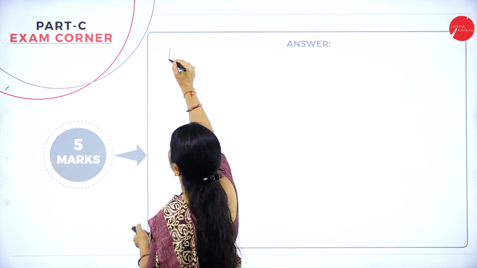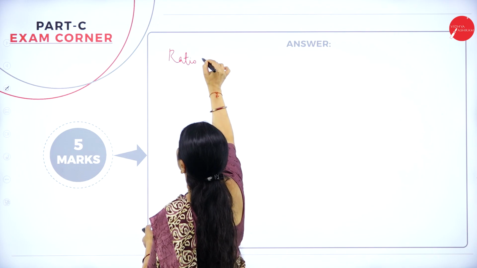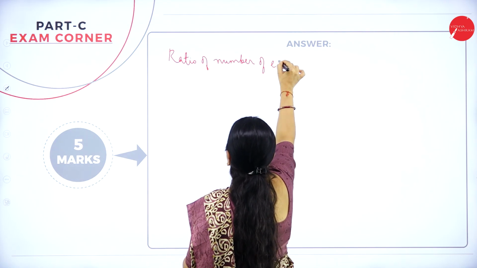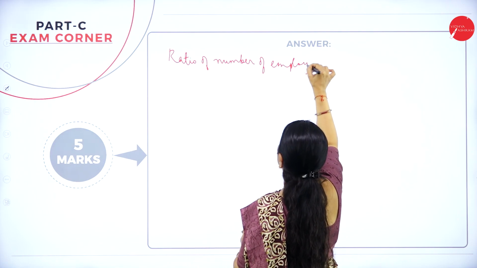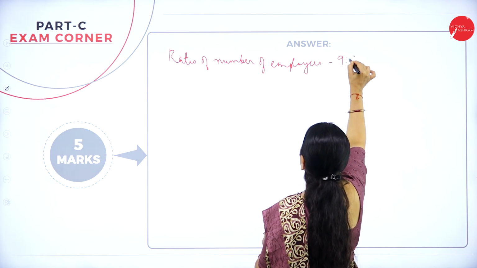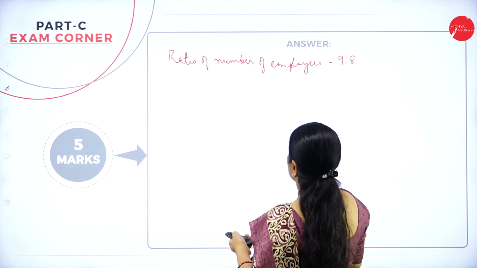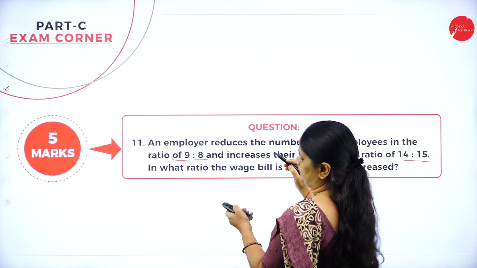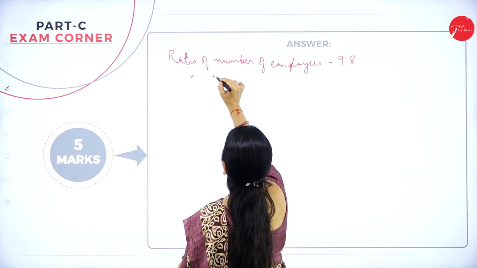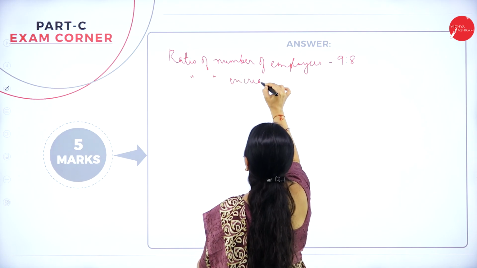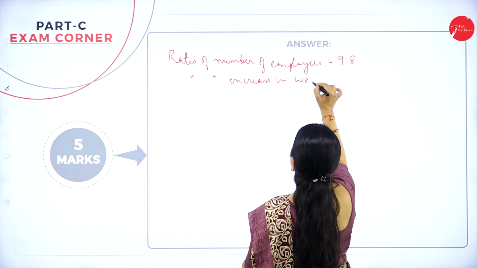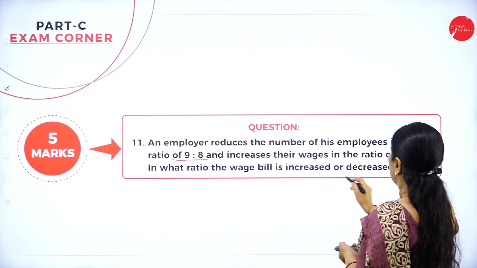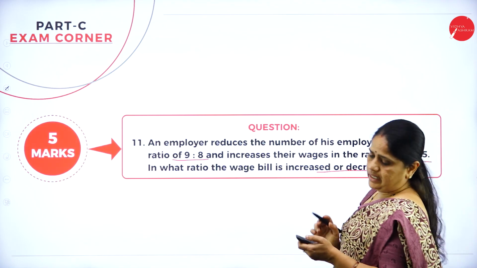Then the ratio of increase in wages is 14:15.